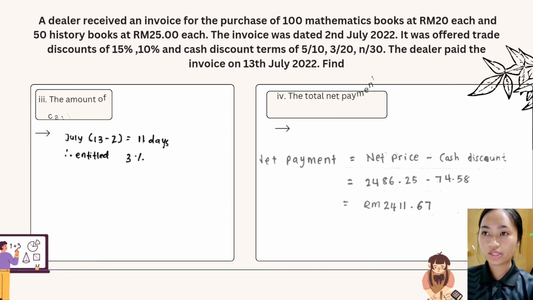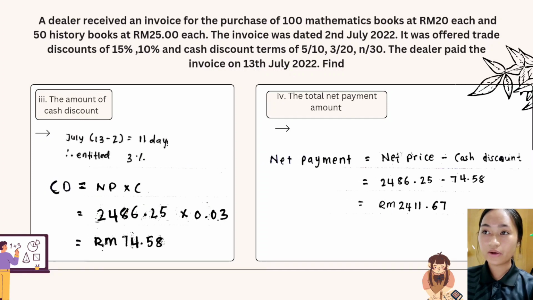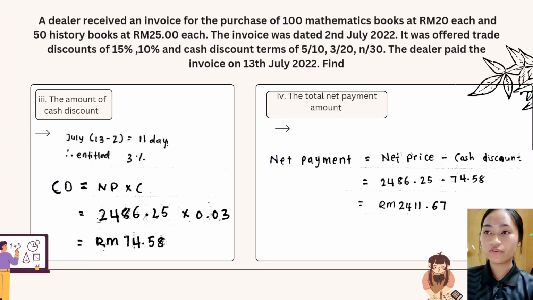The next question is find the amount of cash discount. First, we have to identify the cash discount terms. The invoice was dated 2nd July 2022 and the dealer paid the invoice on 13 July 2022. So 13 minus 2 equals 11 days, which determines that the cash discount entitled is 3% by the terms of 3/20.